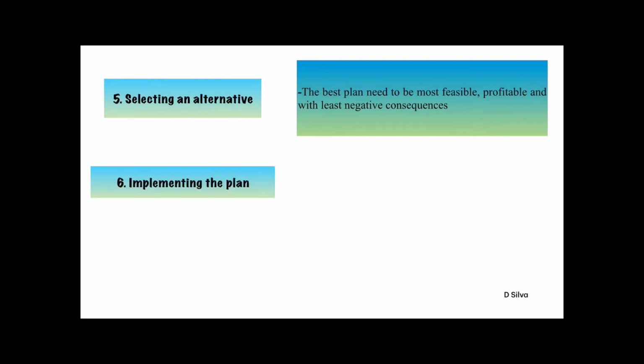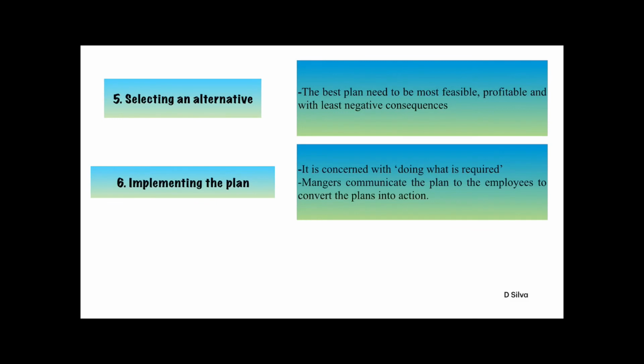Sixth one, implementing the plan. It is concerned with doing what is required. Managers communicate the plan to the employees to convert the plans into action. This process is concerned with what is required.